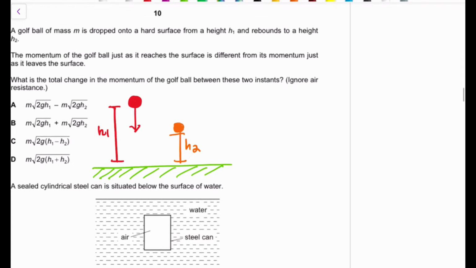But there's an important fact that you need to know, guys. We need to know that the change in the kinetic energy will be equal to the change in the potential energy. The loss in potential energy as the ball falls down should be equal to the gain in kinetic, and that kinetic energy is lost as gravitational potential as it rises up.